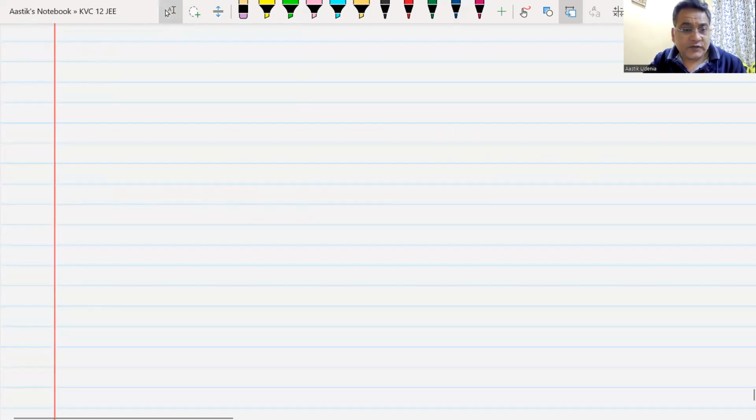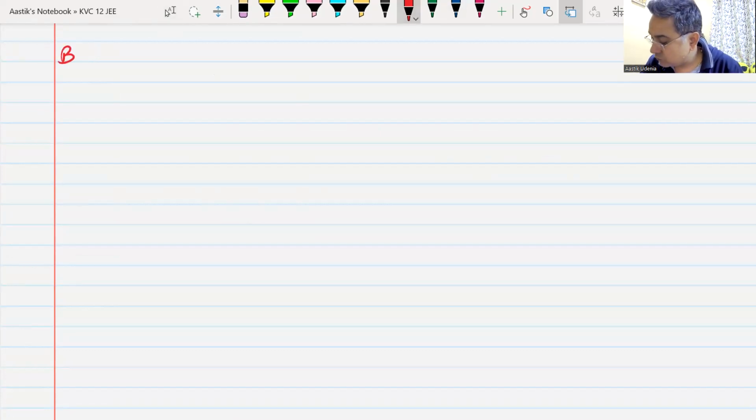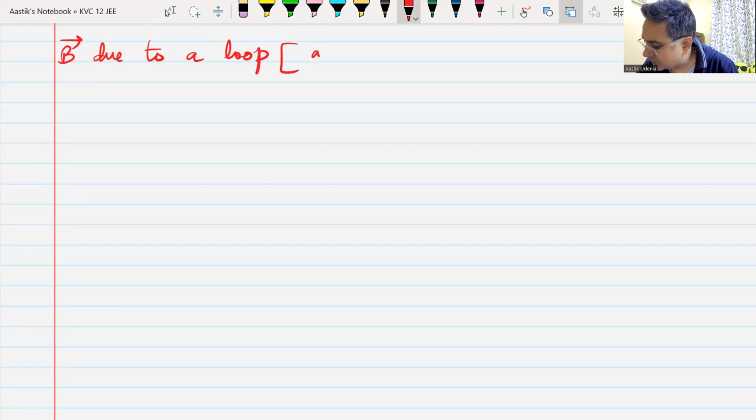So we come to the next one. Magnetic field B due to a loop. Right now we are concentrating at the center of the loop, not anywhere else.